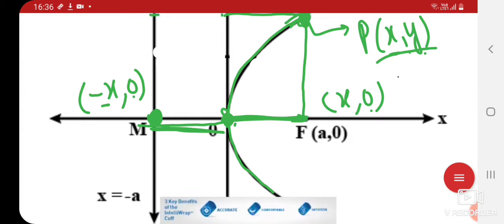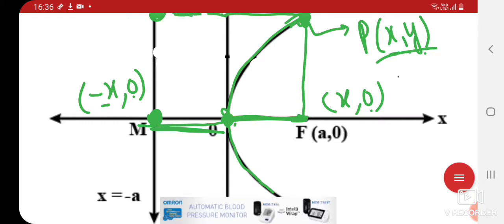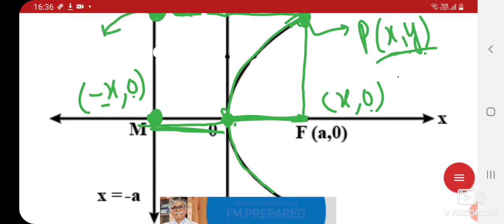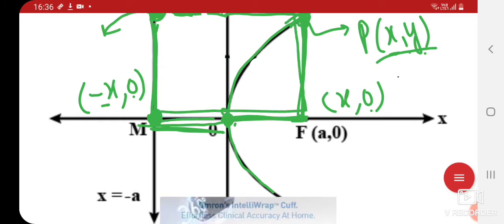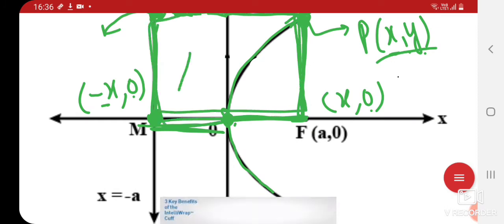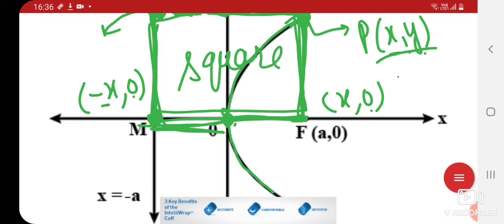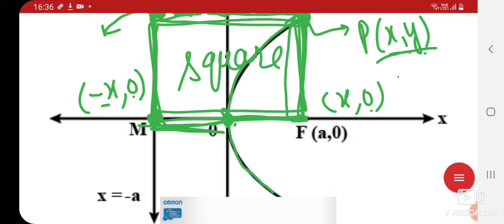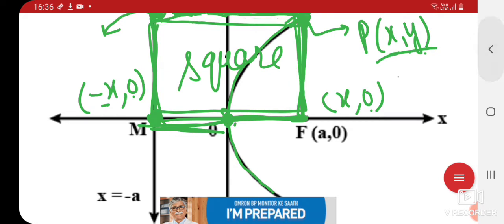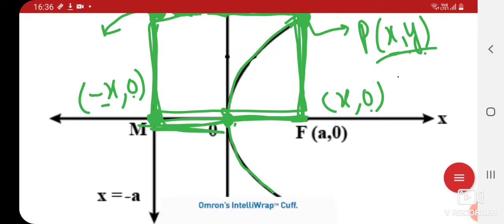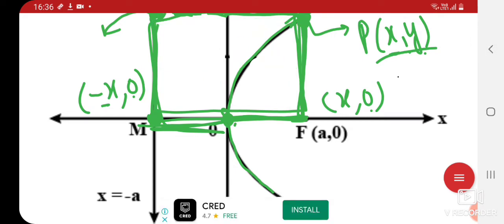Now when you exceed this line, the point of intersection on this directrix, you know that this is parallel to this, and the shape you are obtaining from here is a square. Why a square? Because this side is equal to this side, and this side is equal to this side, so all sides are equal, so the figure you obtain is a square.